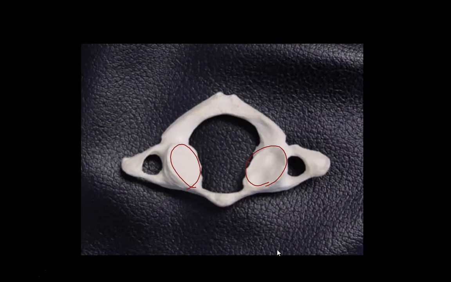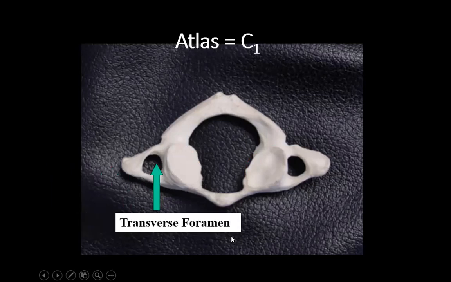So it is totally different in shape from any other vertebrae. There's no other vertebrae with the same shape as the atlas. Transverse foramen, that's something we haven't seen before.